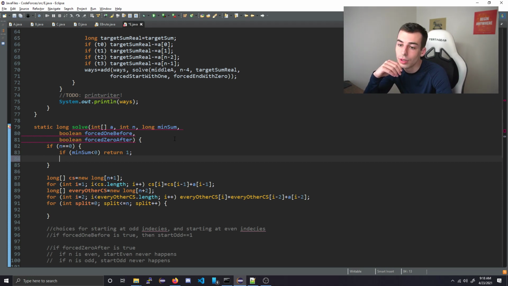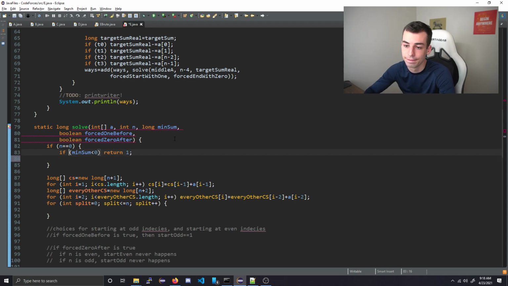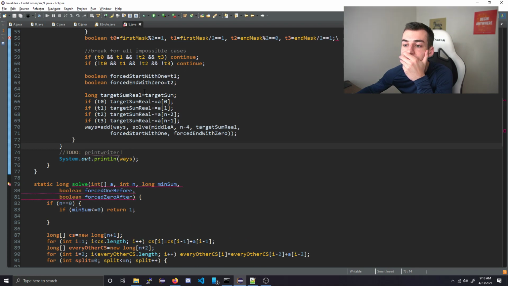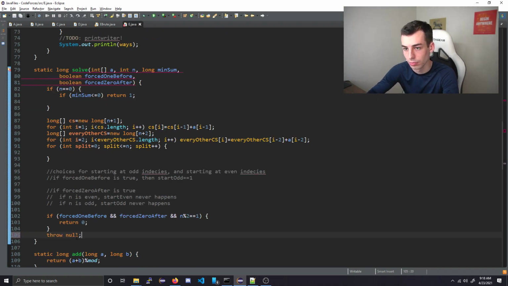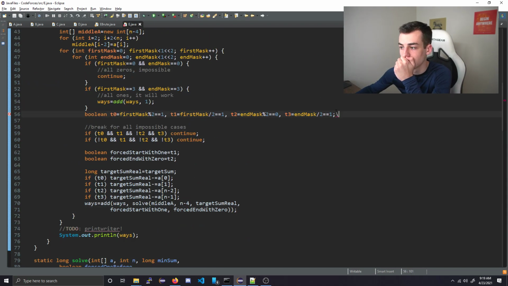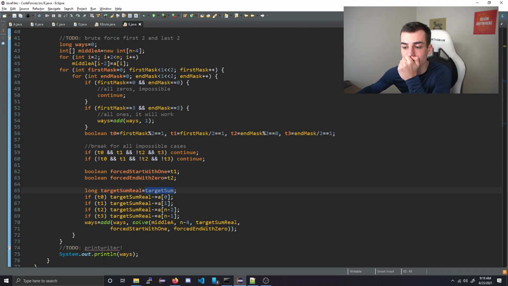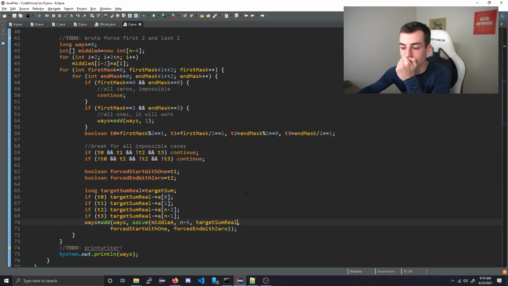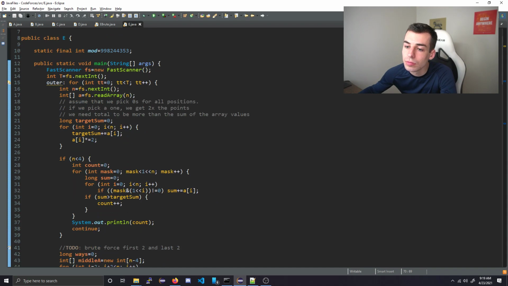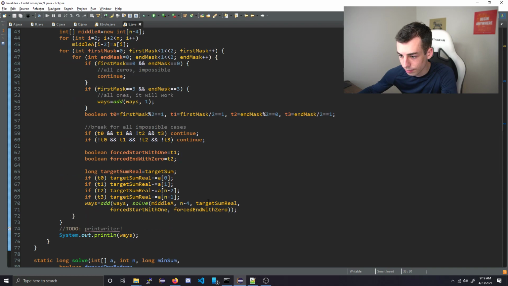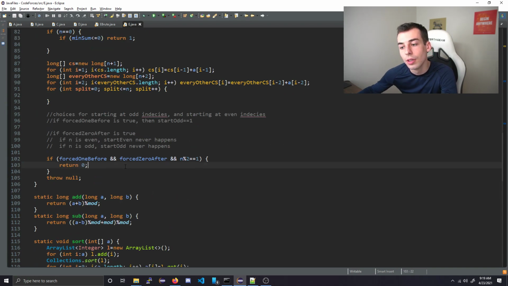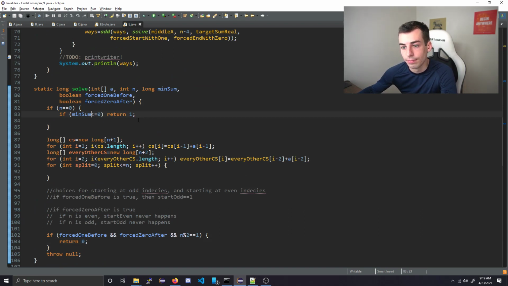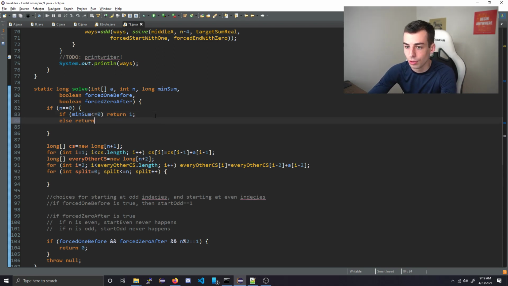Then no. Yeah, okay. All right, min-sum is less than or equal to 0. Then return 1, otherwise return 0.